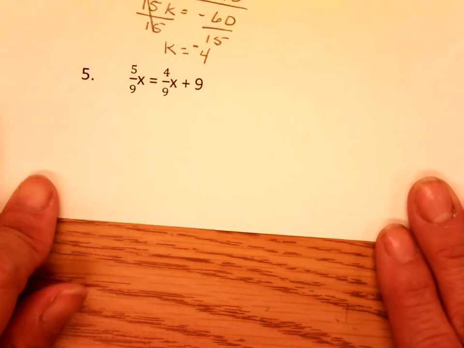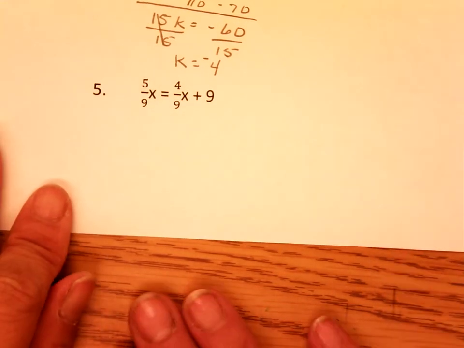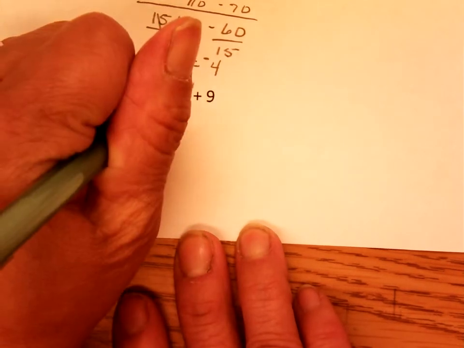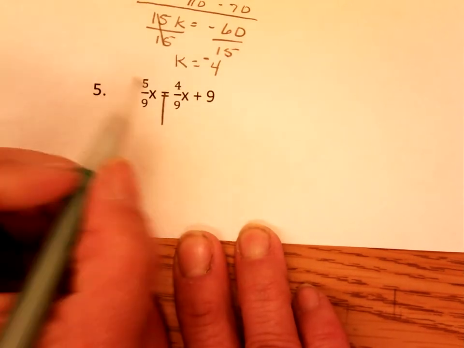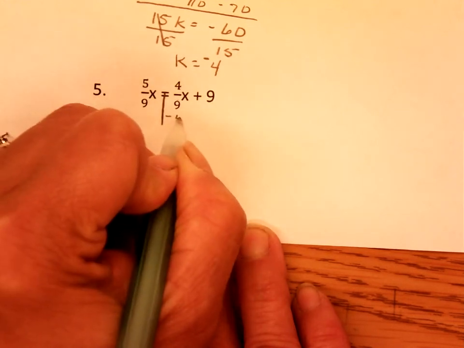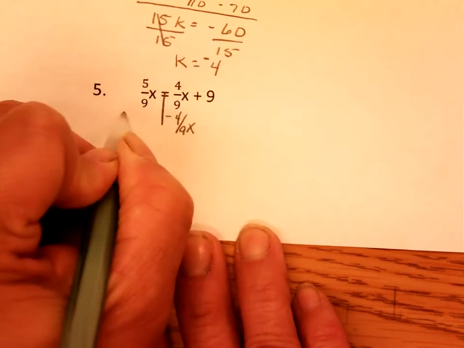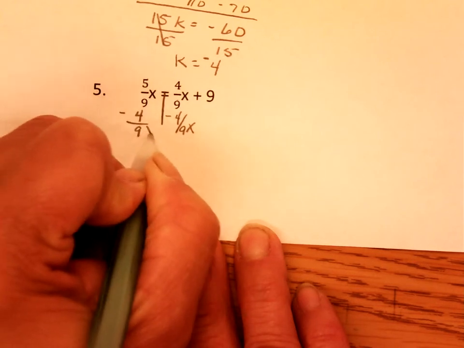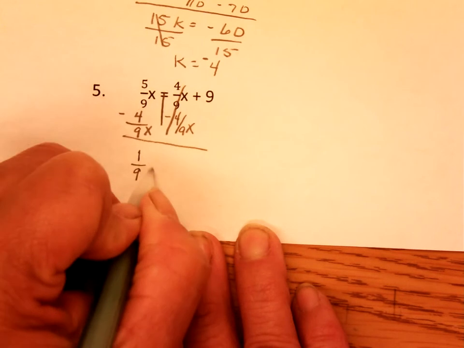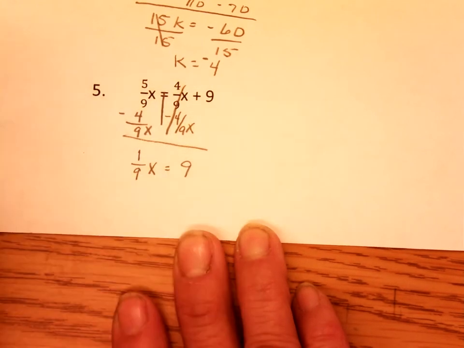Okay, try number 5 on your own, and when you're ready, go ahead and push play. Okay, whether it's a fraction or a whole number, it's still the same step. Since this is by itself, you're going to get rid of the negative 4/9 x on both sides. And you're left with 1/9 x is equal to 9.